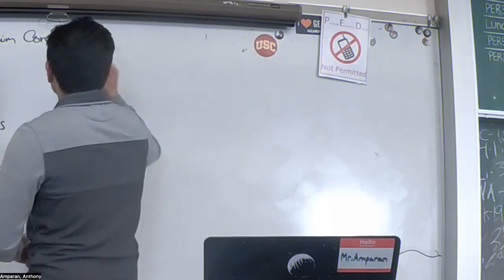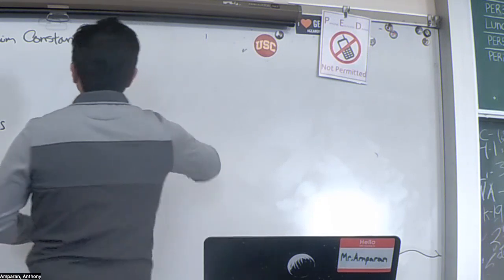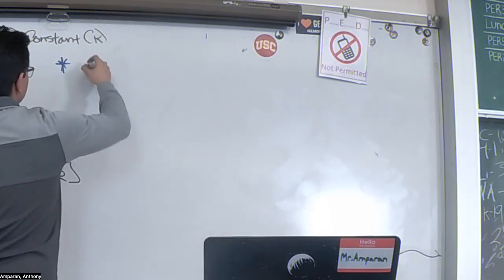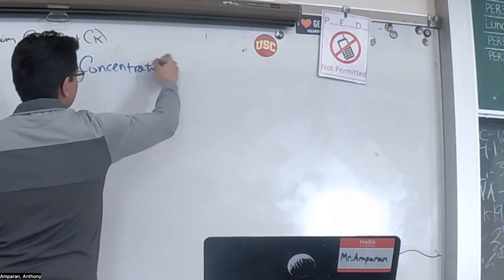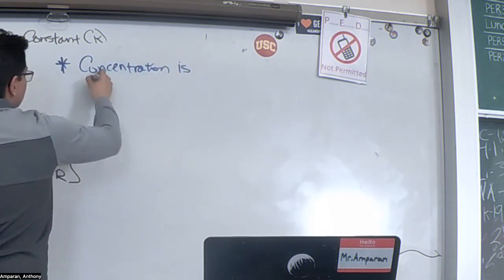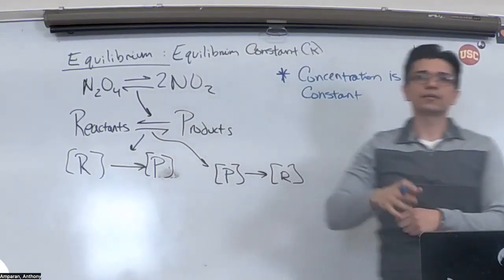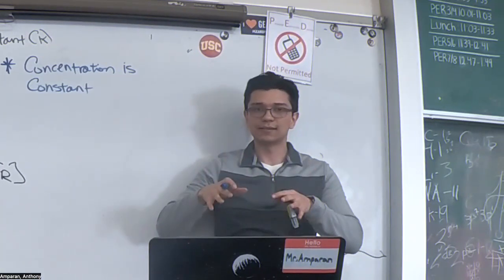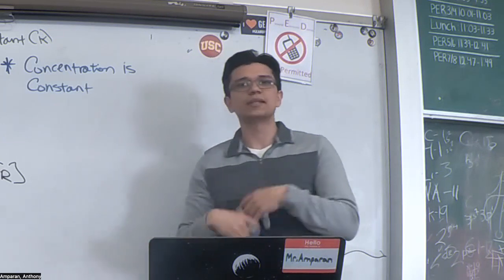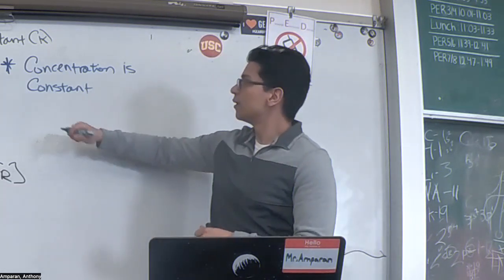Equilibrium is going to be defined by these two things. If your concentration is consistent, that means your concentration is not changing. However much product you have stays the same.